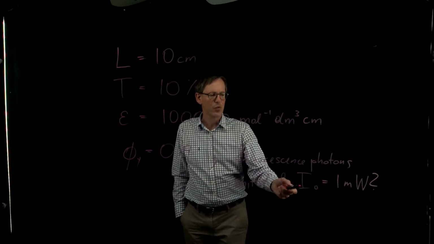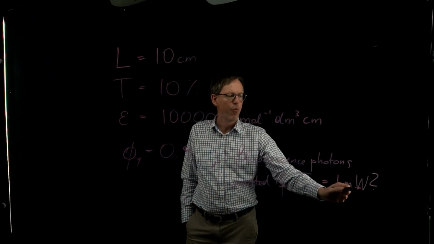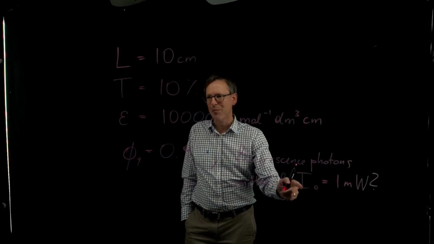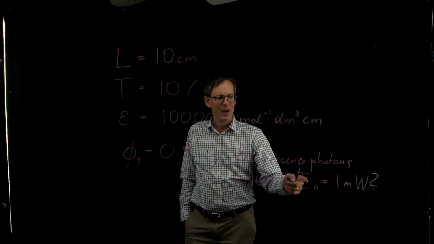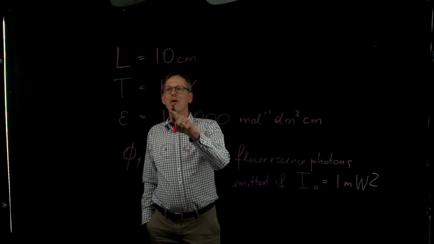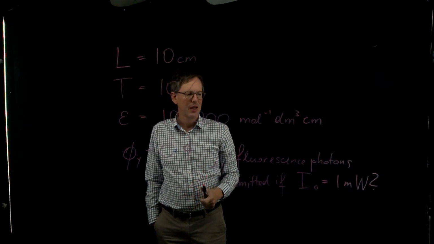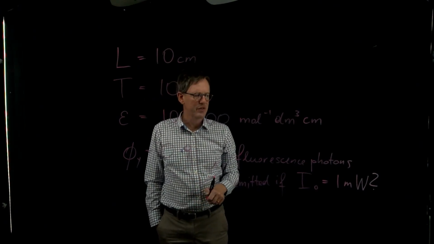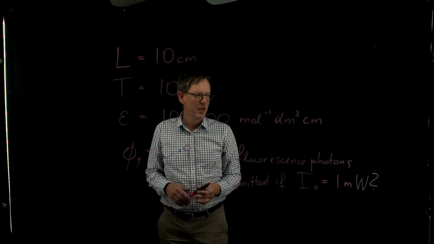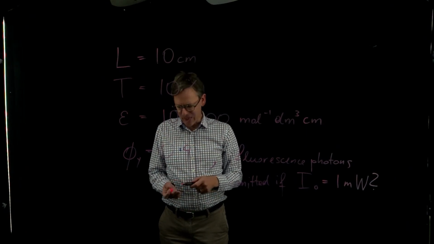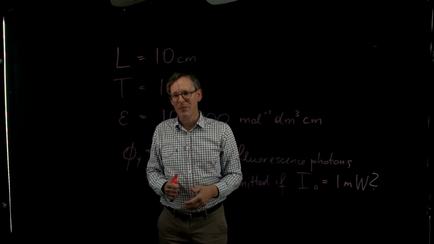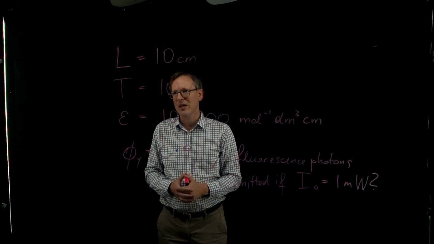So in other words, we put a power of 1 milliwatt I naught into the sample. 90% of that will be absorbed because the transmission is 10%. I have a fluorescence quantum yield of 0.9. How many photons will be emitted per second for this system? I'd like you to work that out.